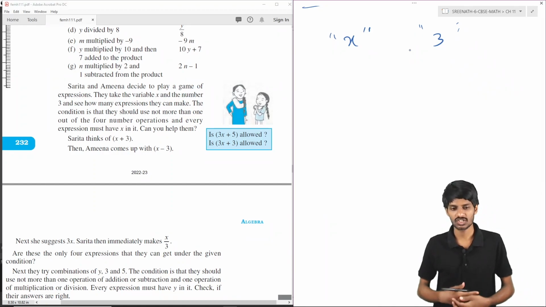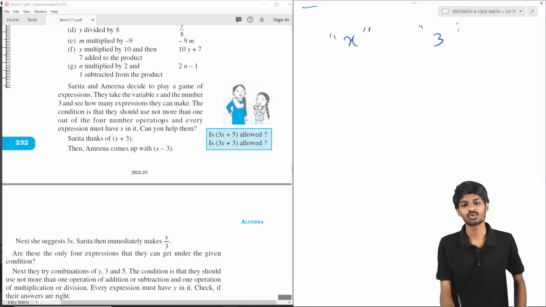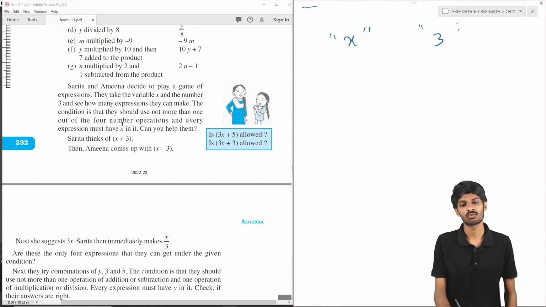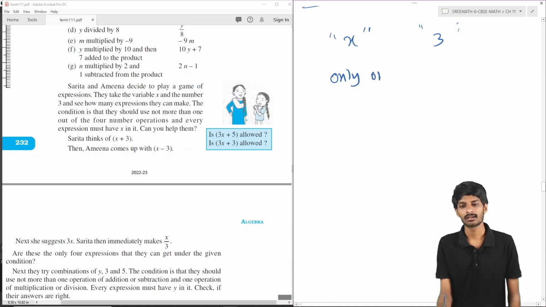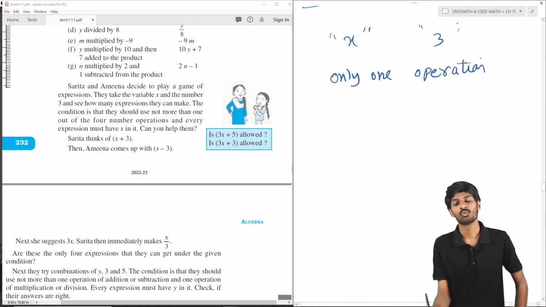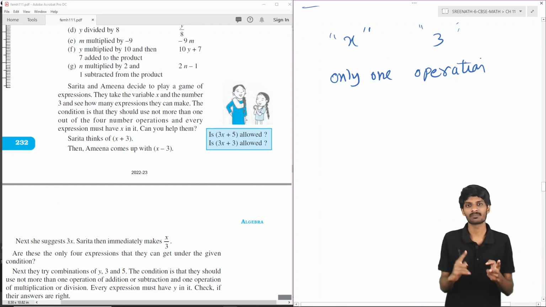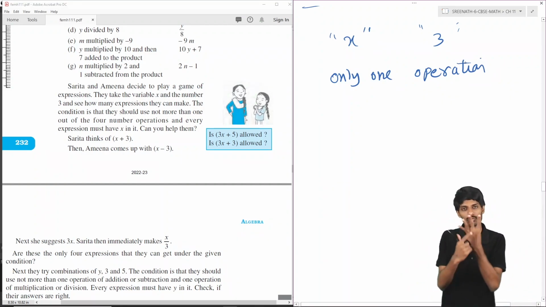There is one condition: they should use not more than 1 out of the 4 number operations. They have to use only one operation, like addition, subtraction, multiplication and division. So there are only 4 mathematical operations.